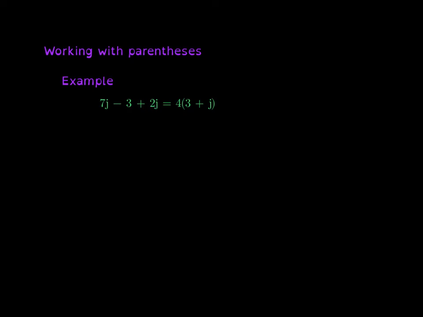We've got a 2j and a 7j. So if we combine those, we get 9j, subtract 3. And on the right side, we have some parentheses that we have to deal with.